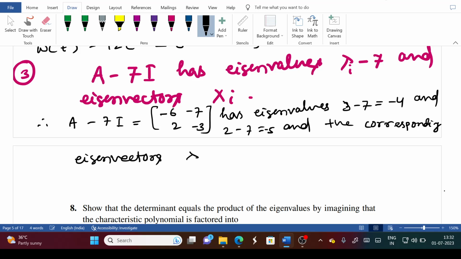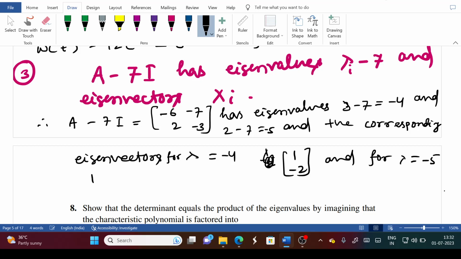For lambda = -4 the eigenvector is (1, -2), and for lambda = -5 the eigenvectors are scalar multiples of (1, -1). So this is question number 3.